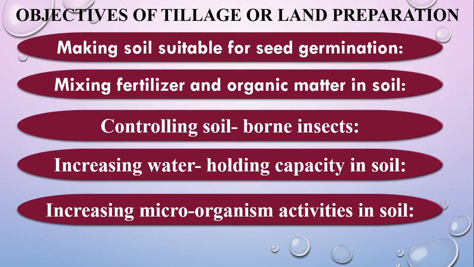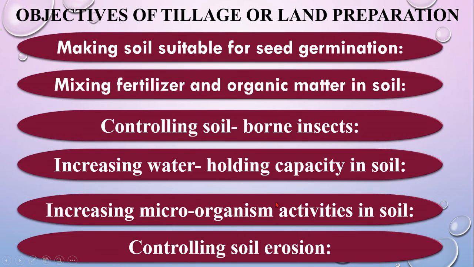So proper tillage helps activate these organisms. As a result, plants can take up nutrients easily and yield good crops. So if we do not cultivate or till the soil properly, then the activity of microorganisms, that means fungi and bacteria, will not increase, and it will not make the land fertile properly.